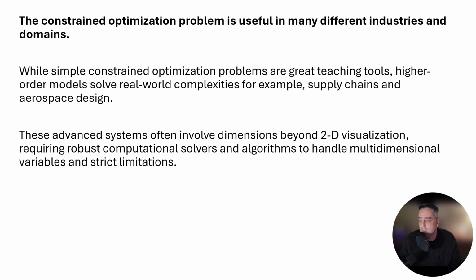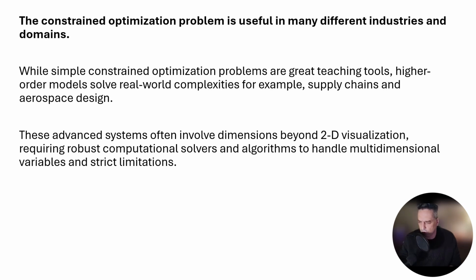and strict limitations. So in this part one, and even in part two as well, we're just going to look at a very simple problem that's representable in two dimensions. But normally, most problems that you're looking at in the real world are not representable in two-dimensional space, like in Cartesian coordinates. It's just impossible.